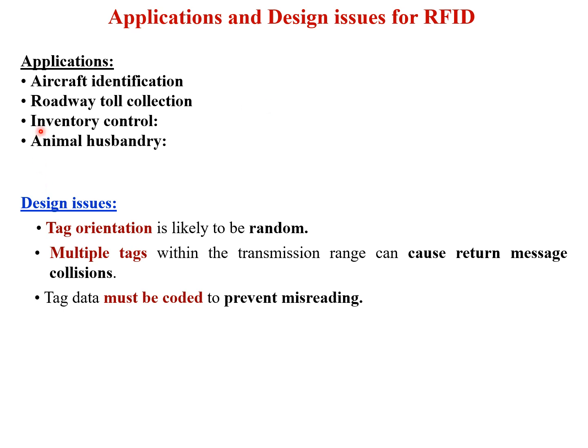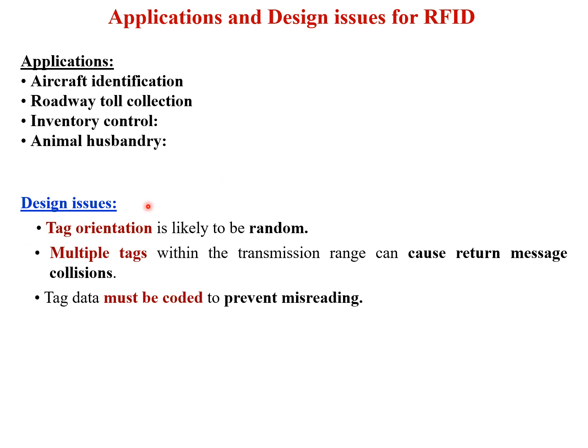Then it is also used in animal husbandry. A tag embedded in a cow or any animal is read by RFID readers when the animal comes for milking, and that is used to track the statistics of milk output for each individual cow.